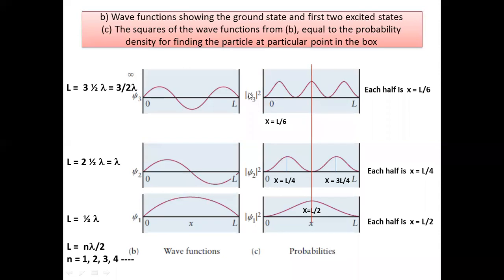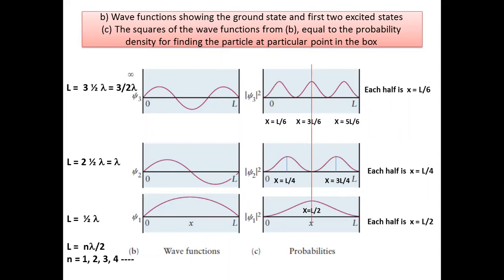Starting at 0, when it jumps to over here, this will become L by 6. X will be equal to L by 6, and then this position will be 2L by 6, which means L by 3. What would be this position? This position would be 3L by 6, because this is L by 6, 2L by 6, and then 3L by 6.